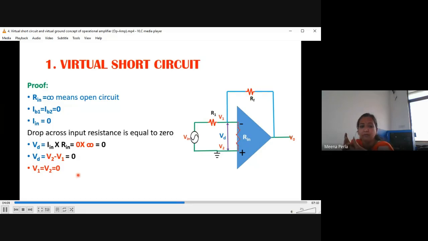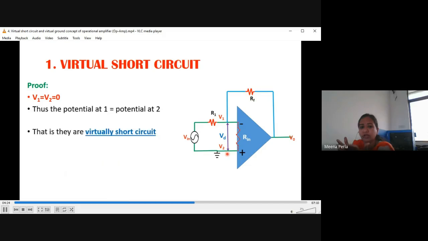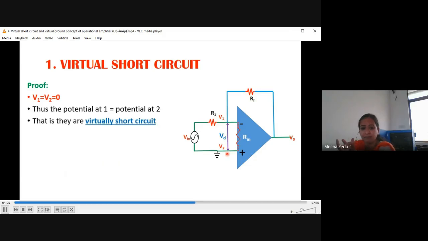This is the virtual short circuit concept, because this point is at the same potential as that point. They are virtually short circuited, not actually short circuited.